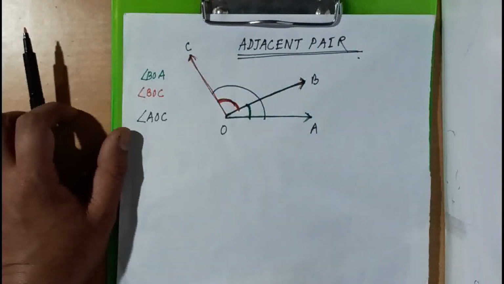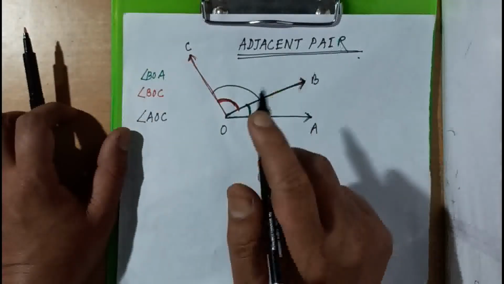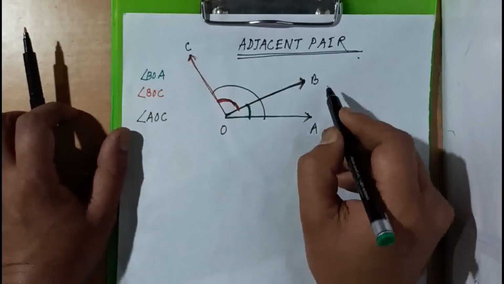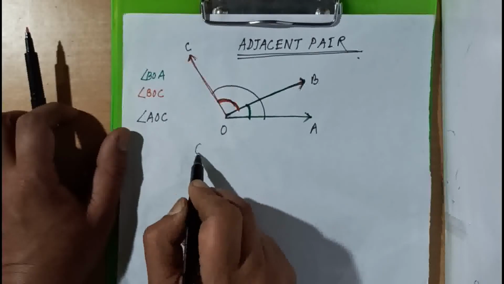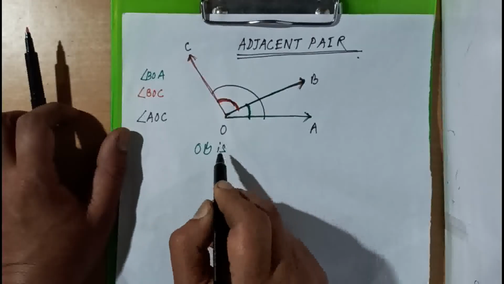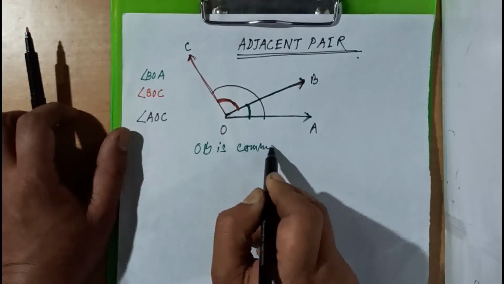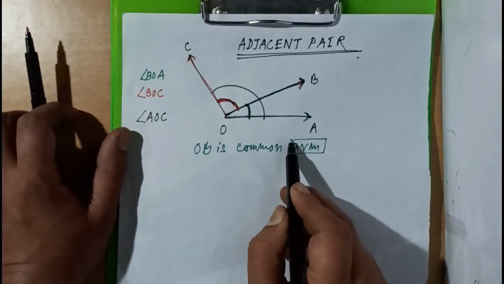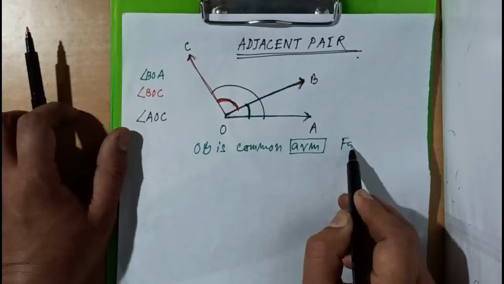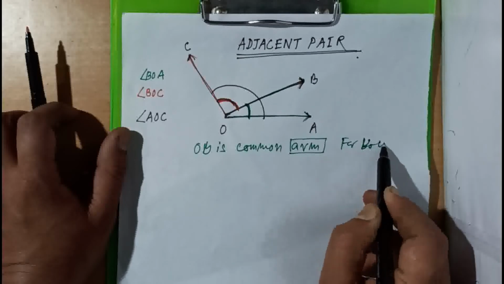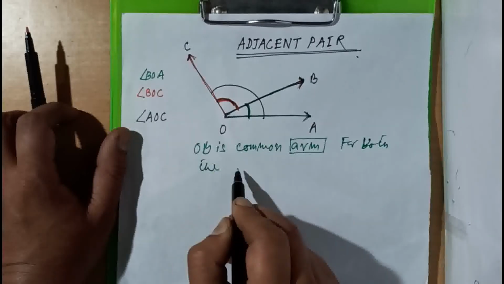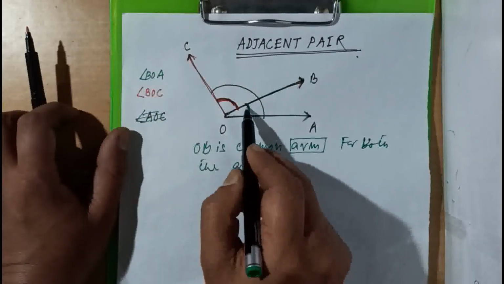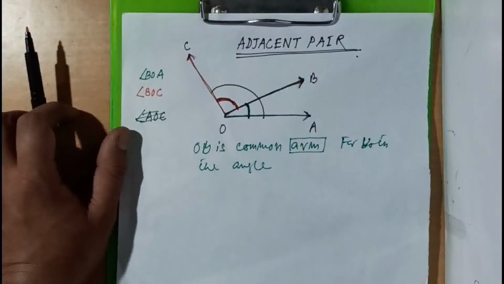For this angle OB is the arm, for this angle also OB is the arm. So here we can write, OB is the common arm for both the angles. We are not talking about the whole angle, only the inside angles; they have a common arm.